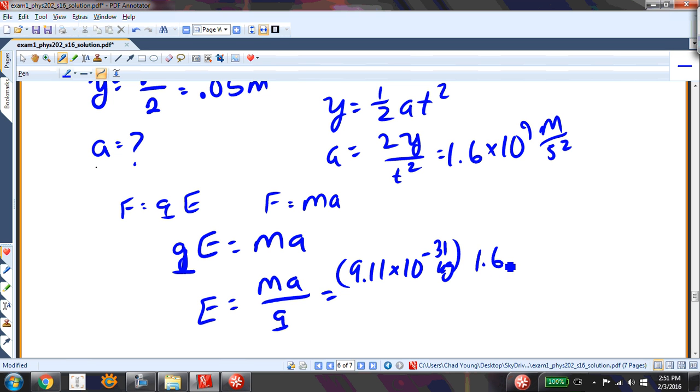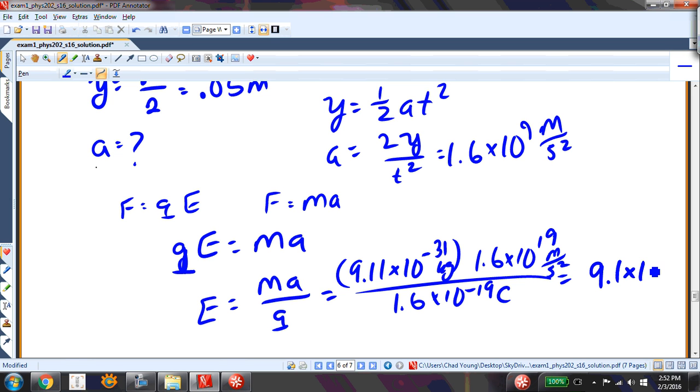Acceleration I've already found. And the charge of an electron is 1.6 times 10 to the minus 19. Notice I'm leaving the sign off there. This gives me the electric field, which is 9.1 times 10 to the minus 3 newtons per coulomb.